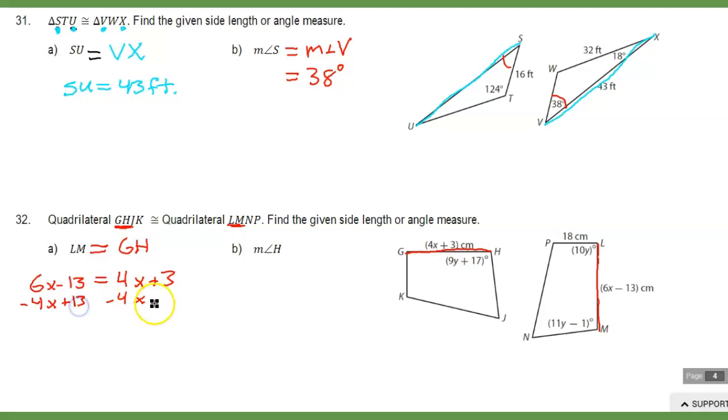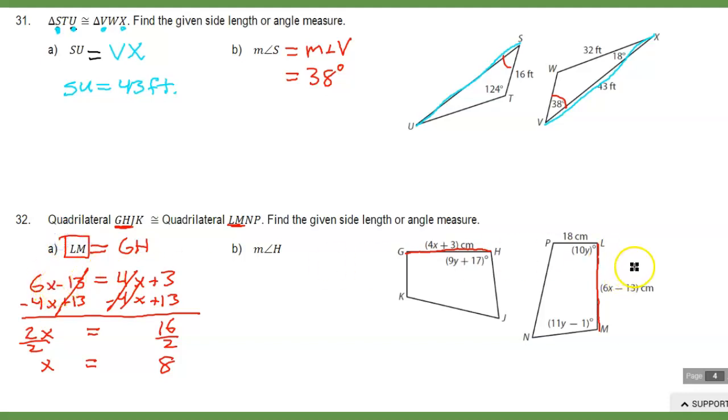And add 13 on both sides. We get 2x equals 16. So that must mean x equals 8. Now that we know x is equal to 8, we need to still find what LM is. So here's LM, 6x minus 13, so that would be 6 times 8 minus 13, which is 48 minus 13, which will equal 35 centimeters.